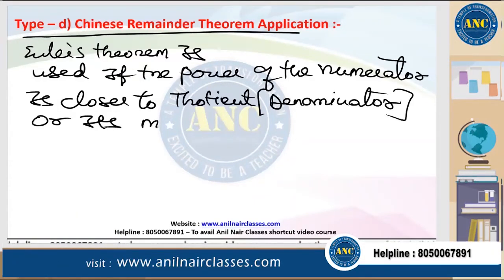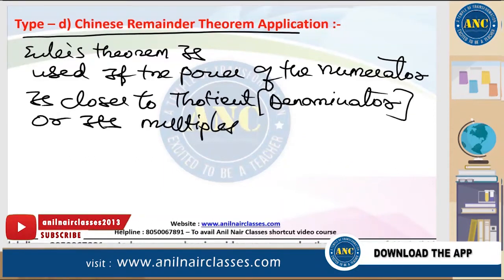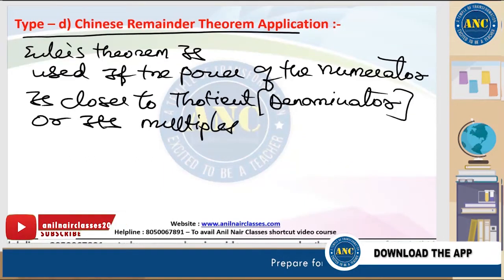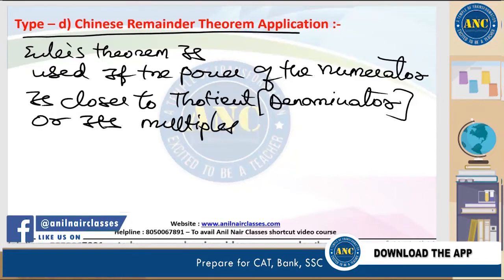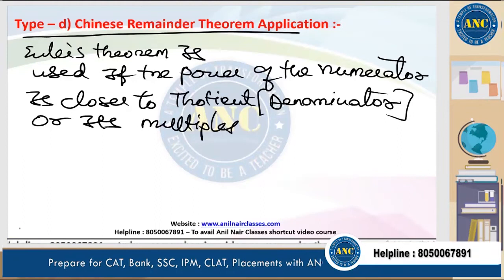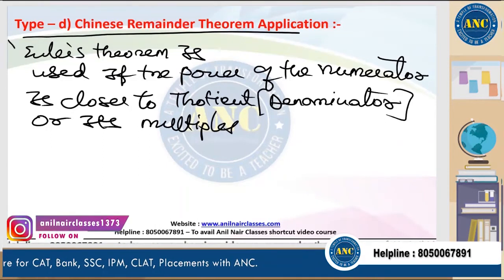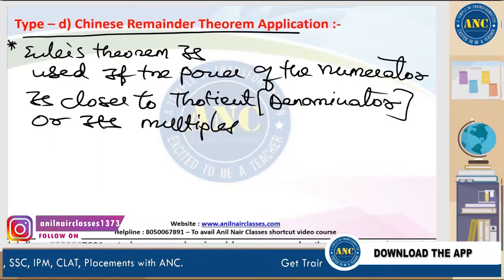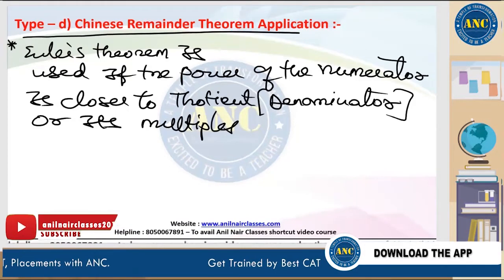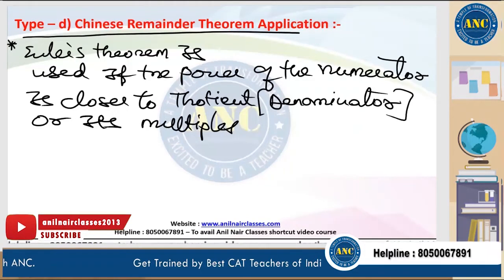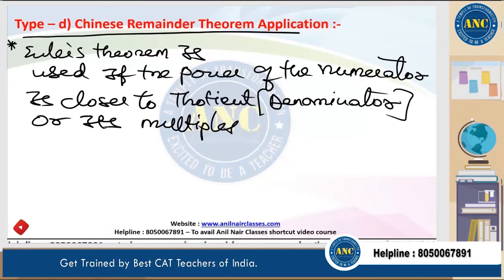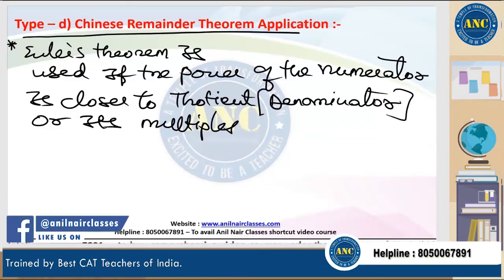Please write down this point. Euler's theorem's effectiveness will be there when we take the quotient of the denominator and when the power of the numerator is closer to the quotient of the denominator or its multiples. I hope it is there.